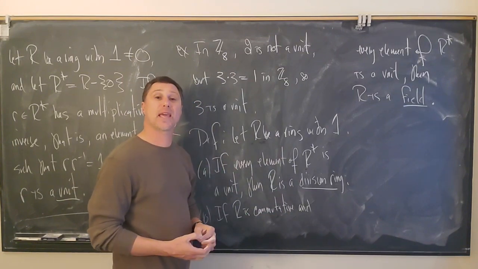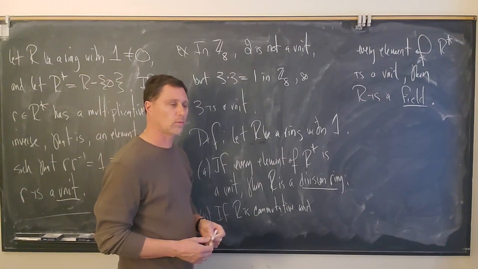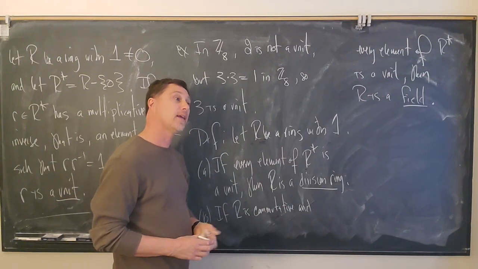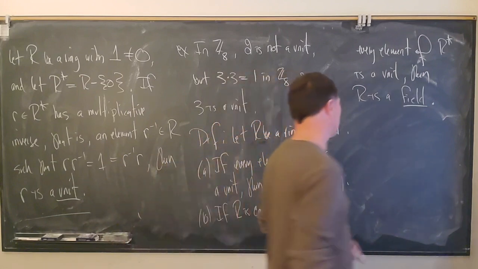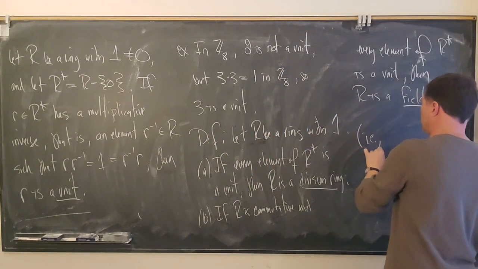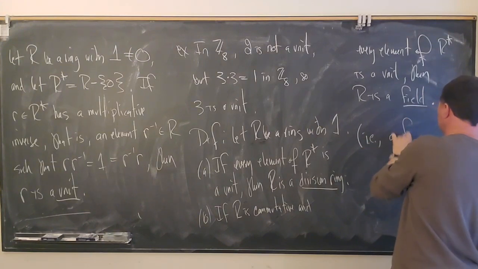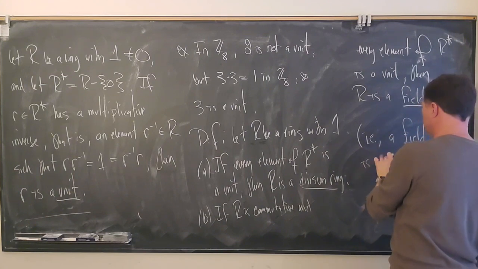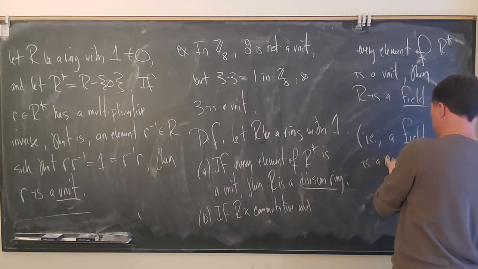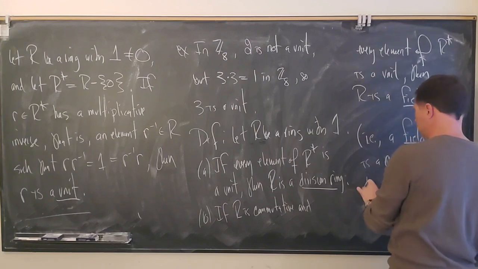So another way to say this is that a field is a commutative division ring.